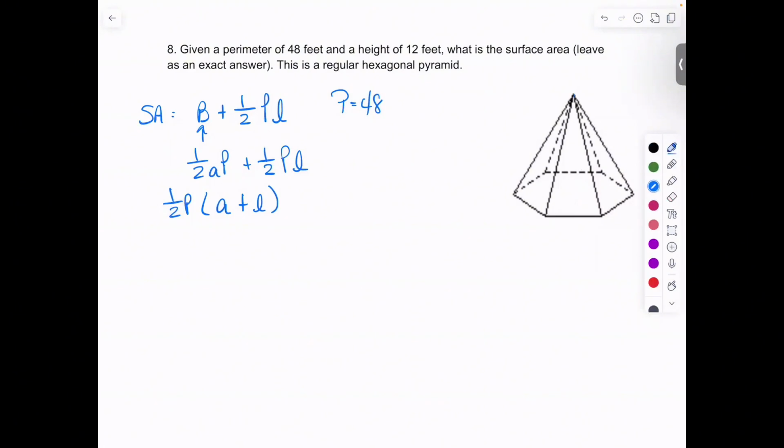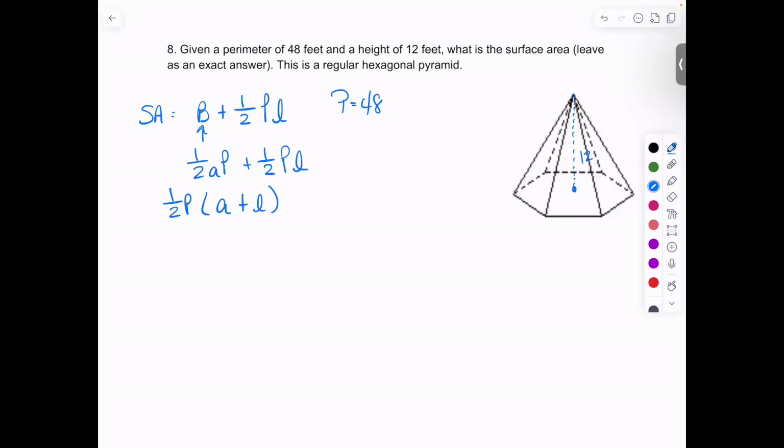And first we'll tackle the apothem. We do know the height of this particular pyramid. It extends from the top and goes straight down to the center of the base of that hexagon. And we know it's 12. I'll tack it at 12 here.